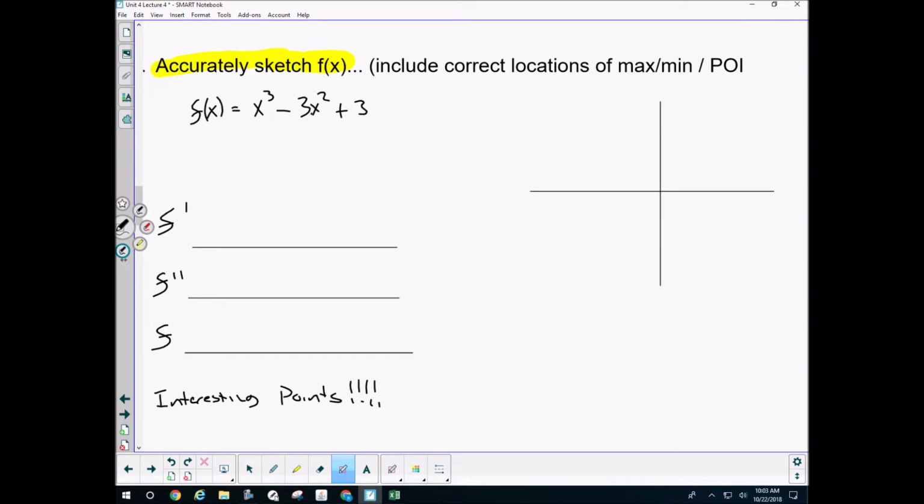Do your sign analysis. If I pull out 3x from 3x squared minus 6x, do I get x minus 6? What's 6 divided by 3? So that should be a 2 right there.